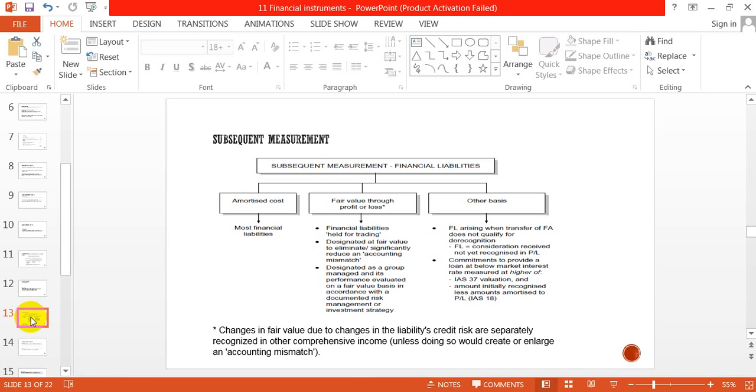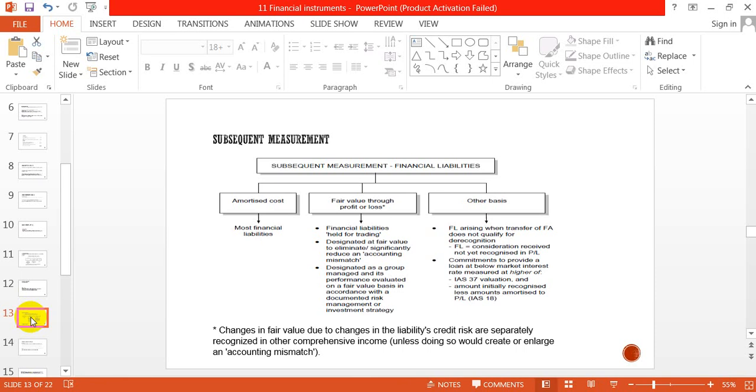Now, most questions here are just theory. You need to be able to recite what the subsequent measurements are.